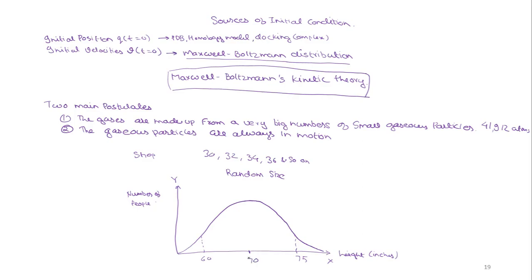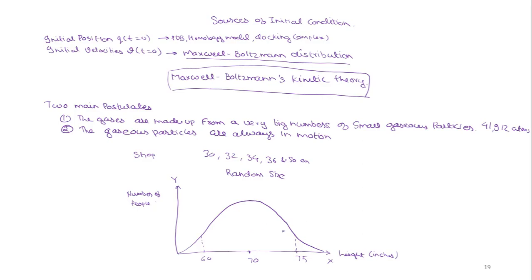Now simply looking at this probability distribution, or you can just say that this is the height distribution of people living in your city, you are now in a position to draw a few very basic conclusions.